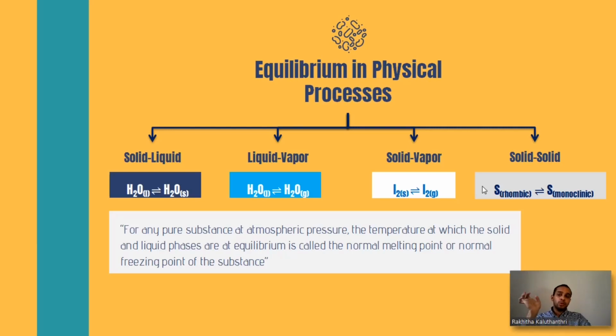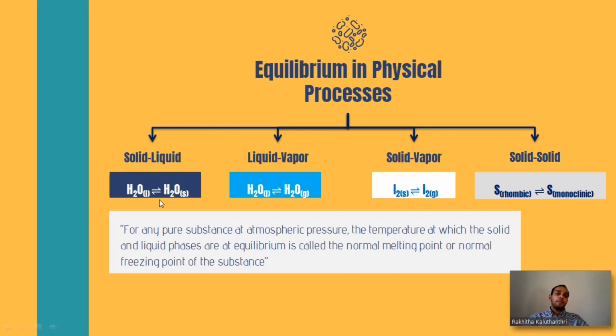For example, solid-liquid equilibrium, where the solid phase turns into a liquid phase. Also, you have liquid-vapor equilibrium, solid-vapor equilibrium, and solid-solid equilibrium. I'll take each one at a time and explain it to you.